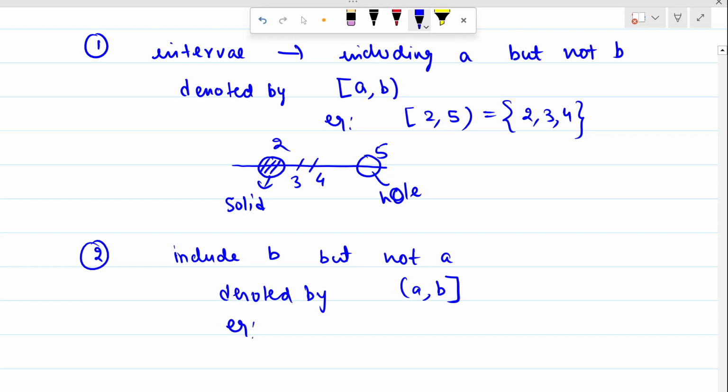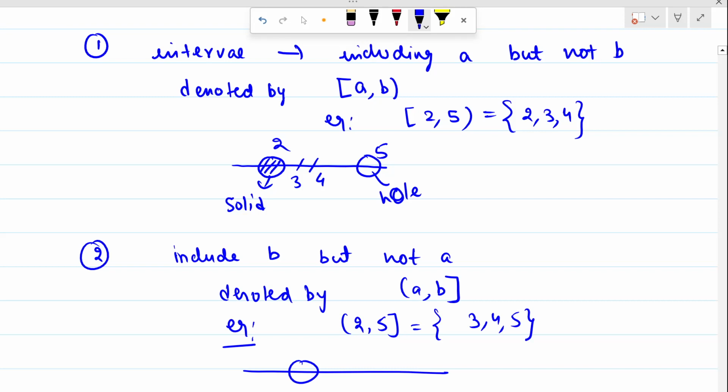For example, (2, 5] is written as 3, 4 and 5. So on the number line, 2 represents a hole and 5 represents a solid. Again, 2 is excluded from the set because it is a hole, and we include 3, 4 and 5.